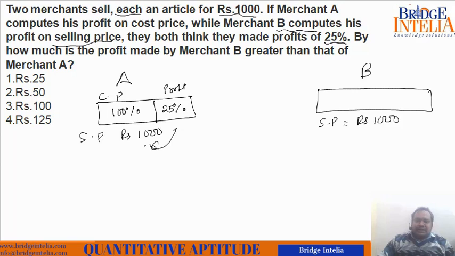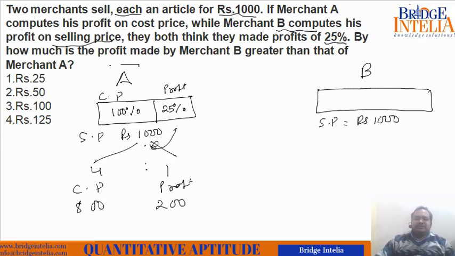To get the profit, you can divide this in the ratio 4:1, 100:25, 4:1. So you will get cost price, you will get profit. So this is 800 cost price, profit is 200. So this first merchant, merchant A, is earning a profit of 200 rupees.